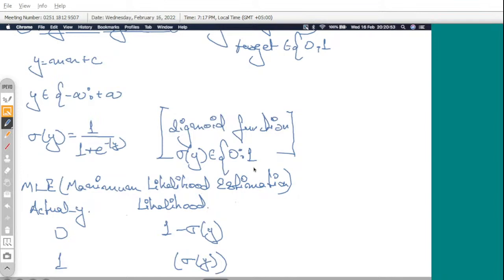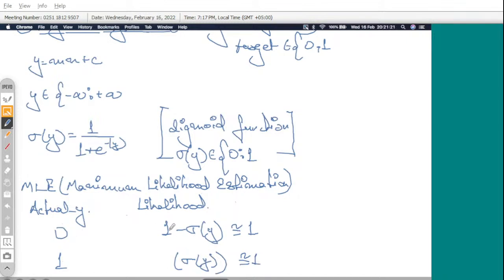Perfect. So if it is a disease, the sigmoid y should be maximum, approximately equal to 1.